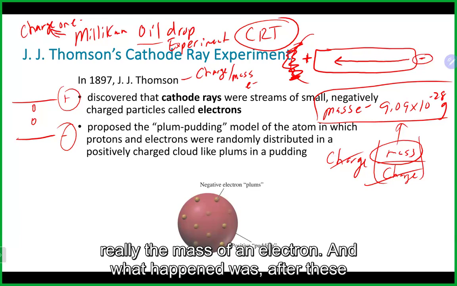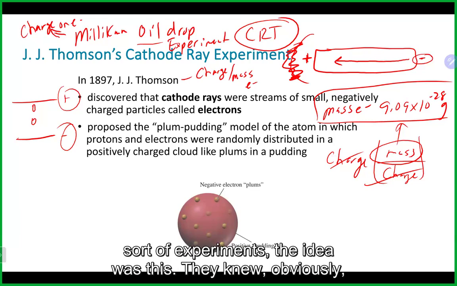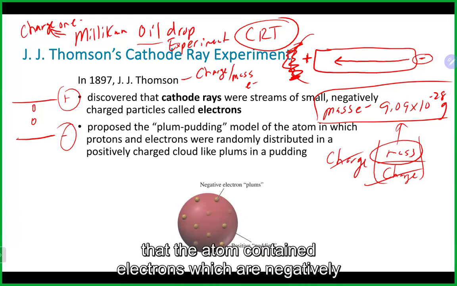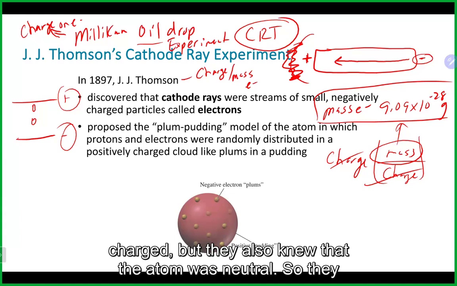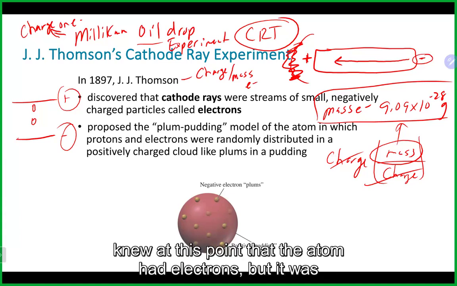What happened after these experiments was this. They knew that the atom contained electrons, which are negatively charged, but they also knew that the atom was neutral.